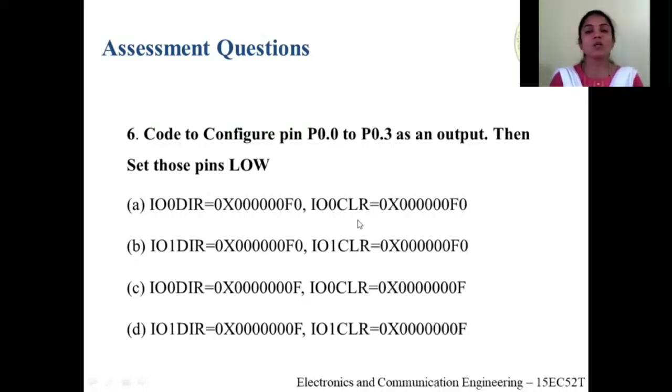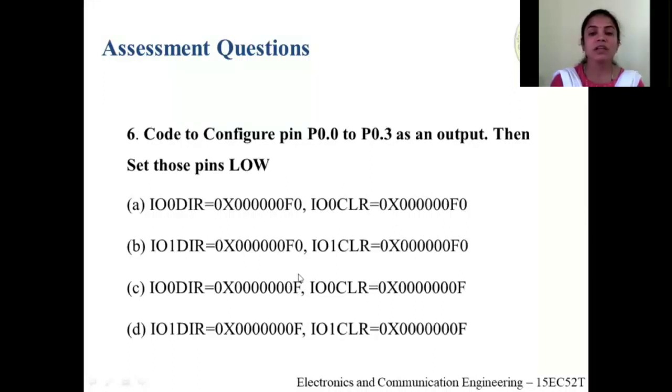Next we have to look into the port pins, that is 0 to 3. 0 to 3 means the first digit. So the first digit for option A is 0. First digit 0 means here 0 to 3 are acting as input pins, so this is not the answer. In C, check the first digit. The first digit is F, that is 1111.